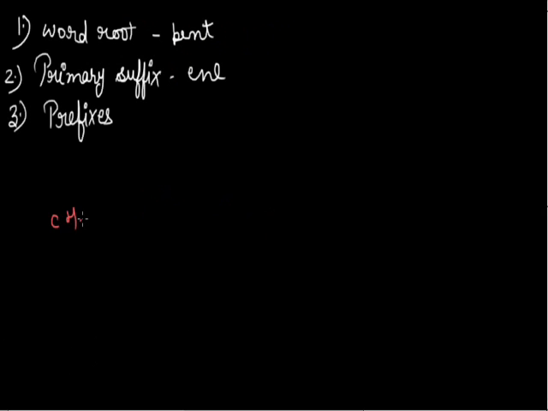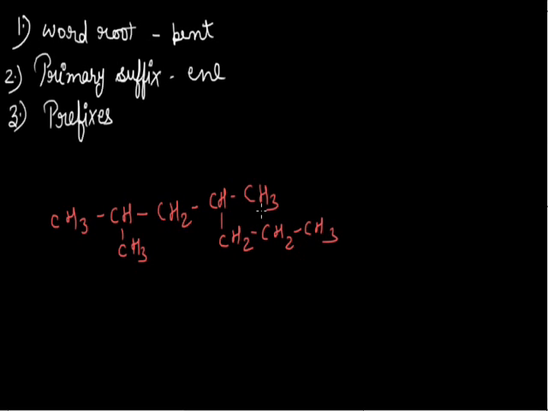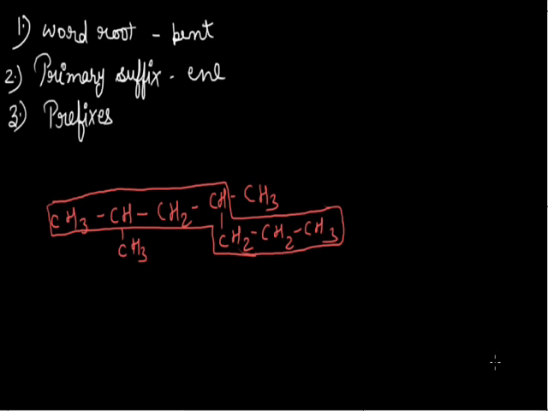Another example is CH3 CH CH3 CH2 CH CH2. For this organic compound we will first choose the longest continuous carbon chain, that is the carbon chain in which more carbon atoms are present, and that carbon chain is known as the parent carbon chain.